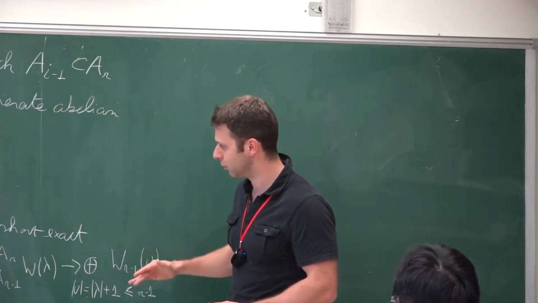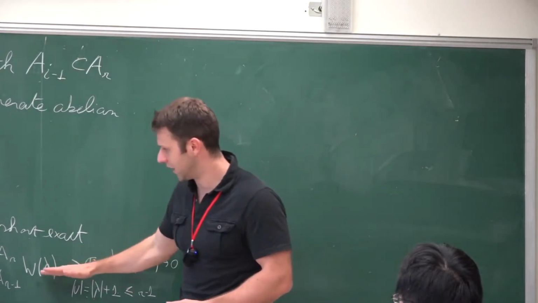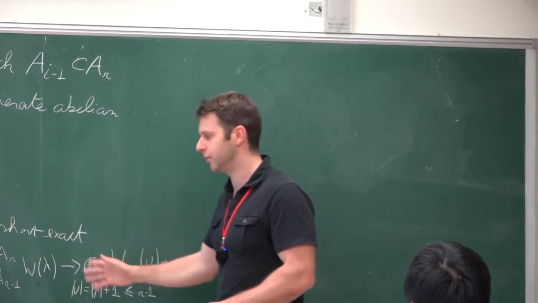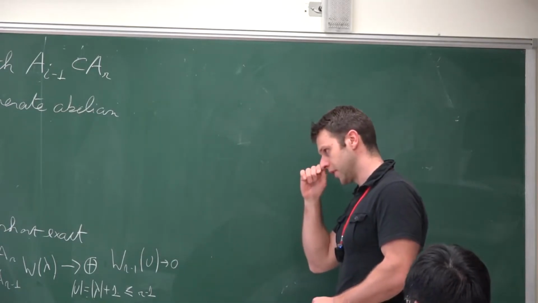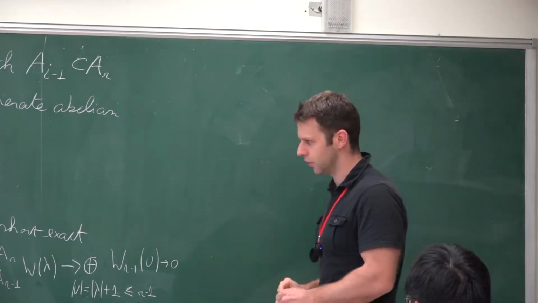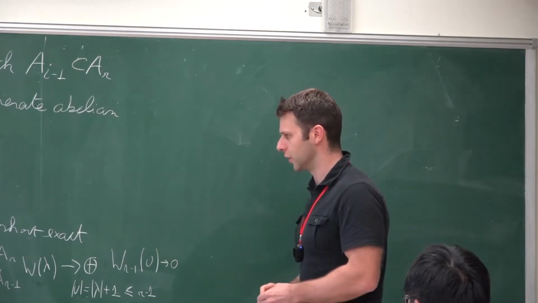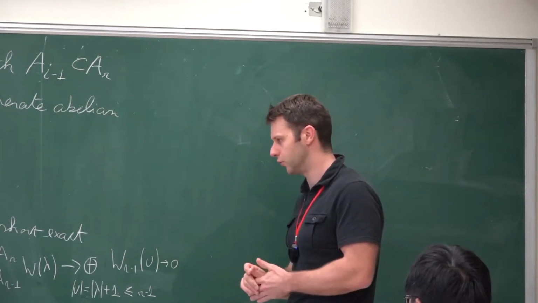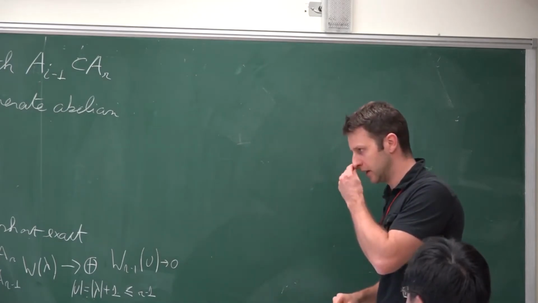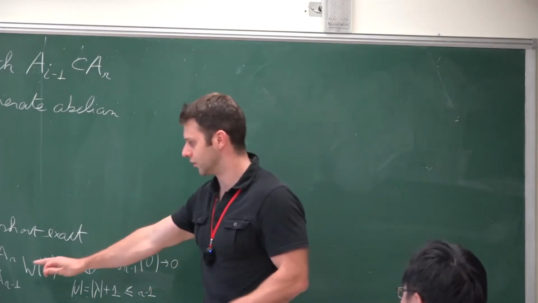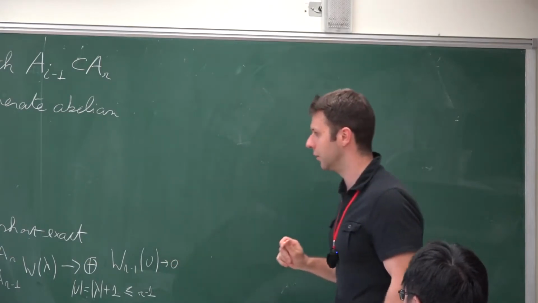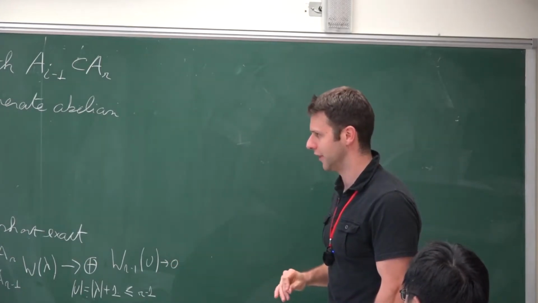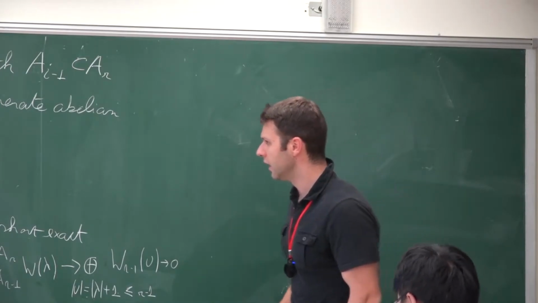We want to understand the simple modules. Well, we start with the cell modules, we restrict, we know what happens, and then we work our way back to the simple modules. So it's a very close similarity, and it's actually also more than just a coincidence. There's some true connections for this, between this restriction functor and the translation functor for the periplectic Lie superalgebra. But for now, it's just a philosophy, let's say.